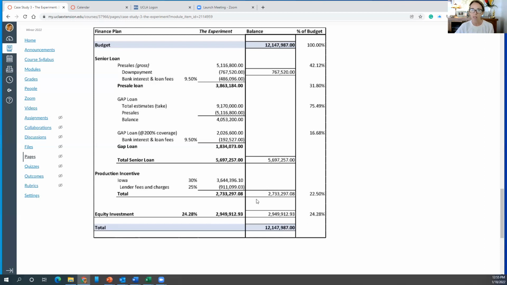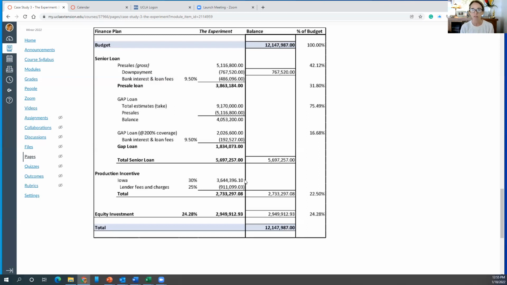The third element of our finance plan for the experiment is the production incentive. I shot the film in Iowa, and the Iowa incentive comes down to 30% of my budget, which is 3,644,396.10. I then did not want to wait until the movie is finished and then go to the state of Iowa, show them all my expenses, and then get my production incentive.